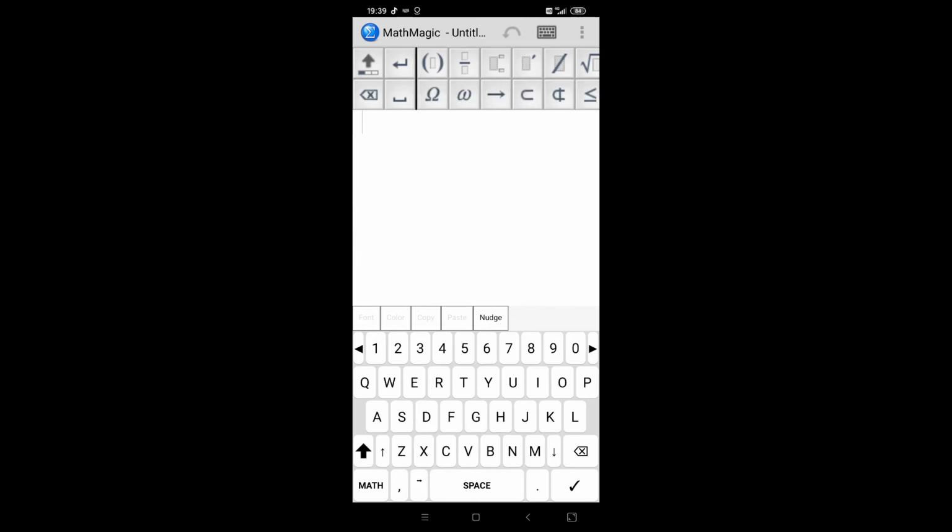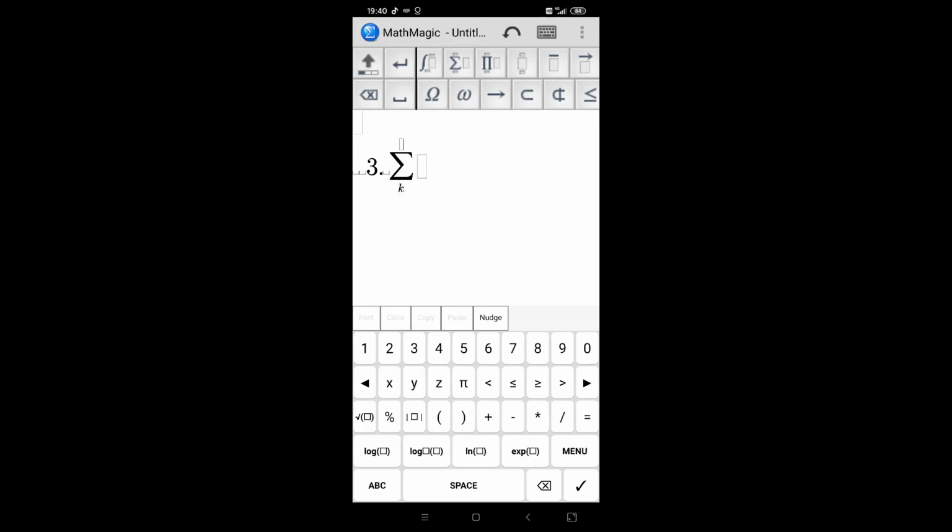Okay, now let's start the proof of our identity 3. Identity 3 will be slightly different, okay?